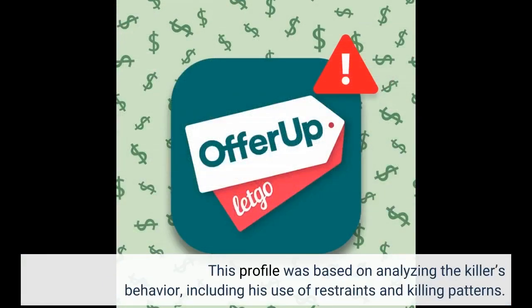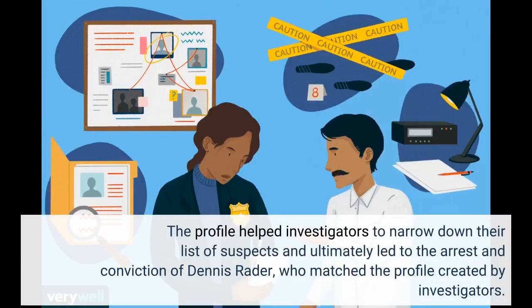This profile was based on analyzing the killer's behavior, including his use of restraints and killing patterns. The profile helped investigators to narrow down their list of suspects and ultimately led to the arrest and conviction of Dennis Rader, who matched the profile created by investigators.